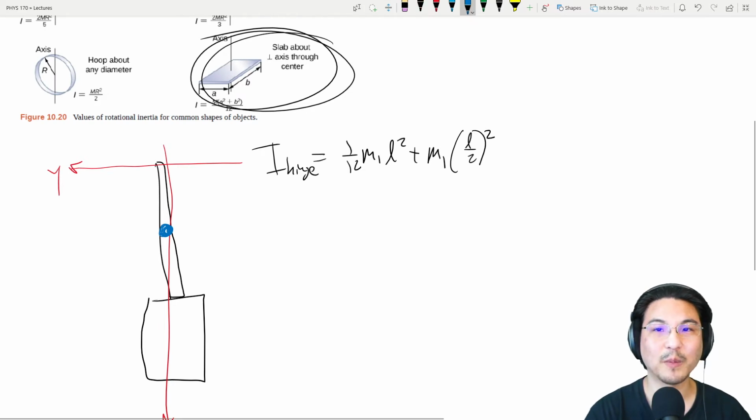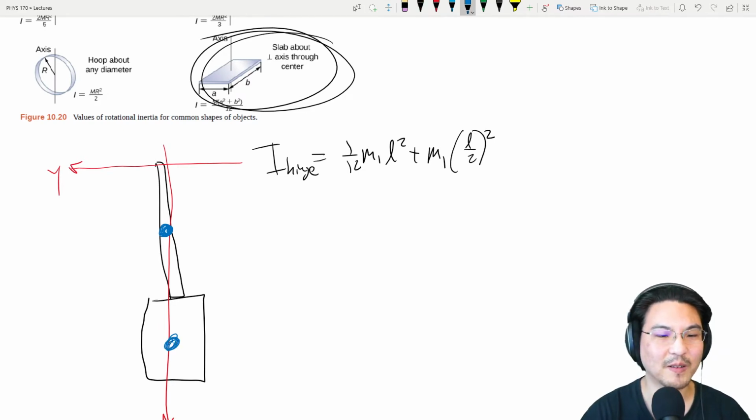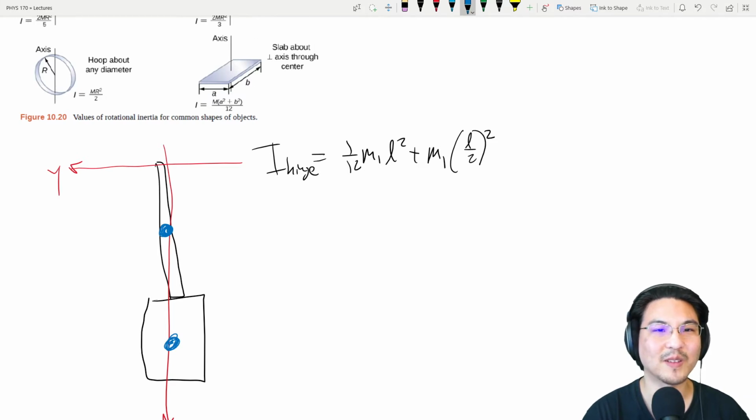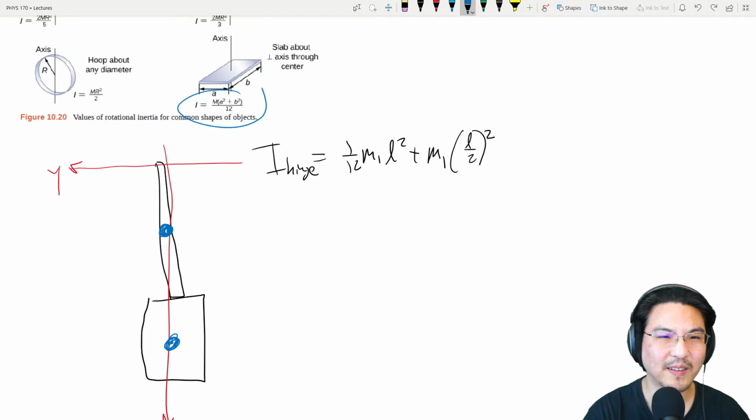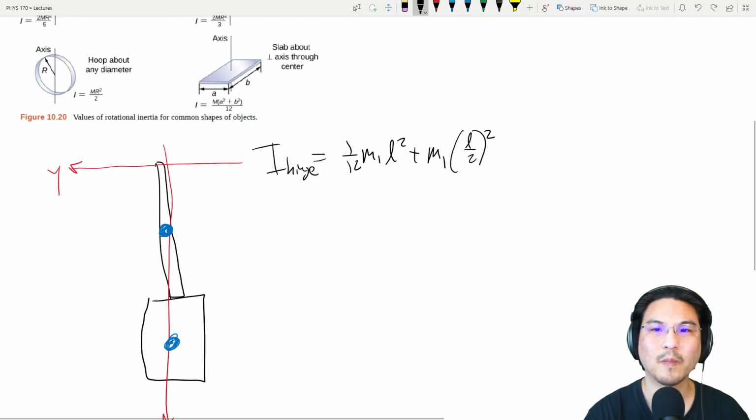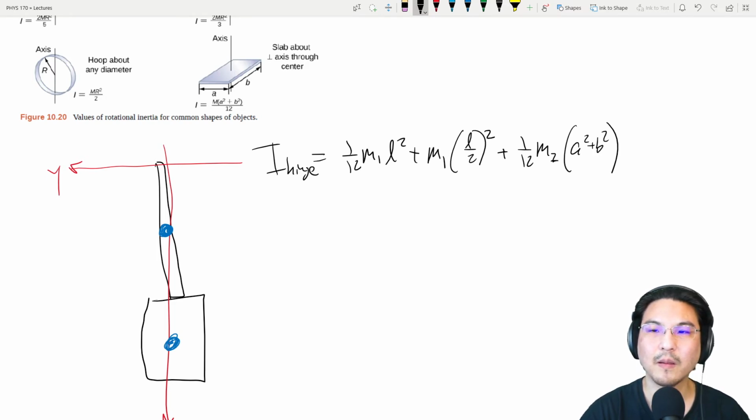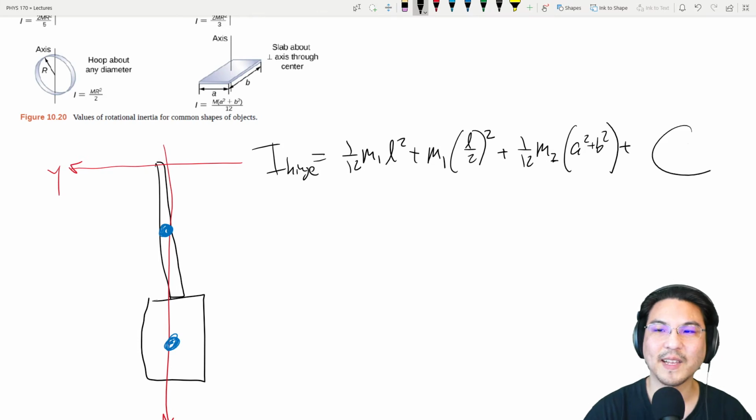Okay, now the slab, the center of mass is here, and the moment of inertia about the center of mass of the slab is 1/12 mass of the slab times a squared plus b squared. Okay, but that's here. We need it to be here. So plus extra.